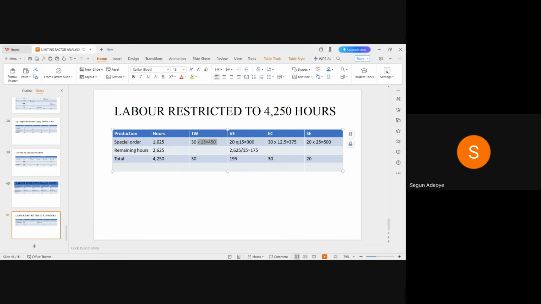For VE, you can produce 20 for the special order. You have a balance of 2,625 hours, and since VE is ranking first, you can produce 175 units. So 20 plus 175, you have 195.